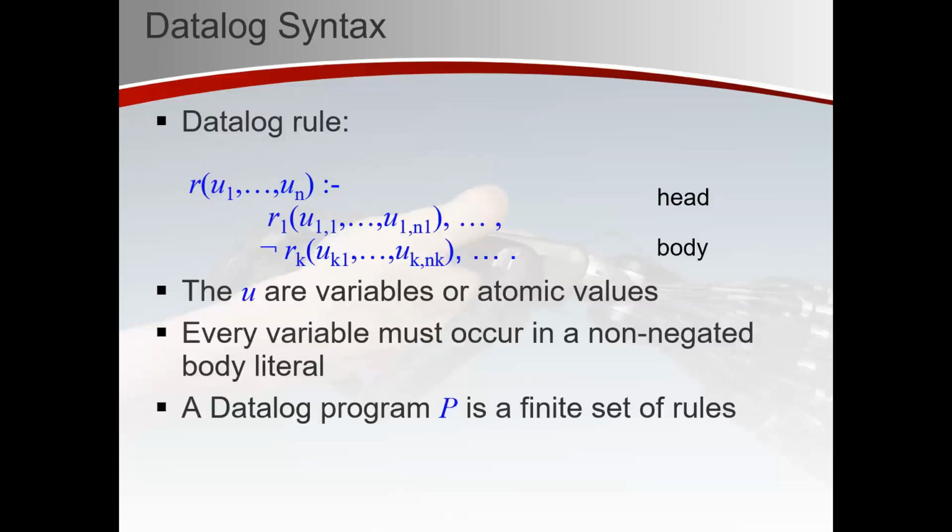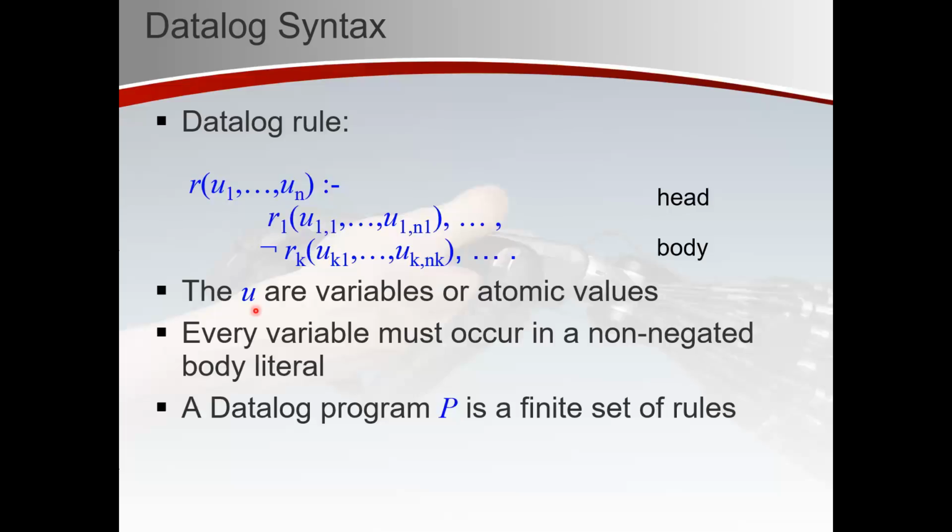Okay, the syntax is very similar to Prolog. The rules look like this: we have a rule name, we have arguments u1 to un, and then we have subgoals r1 to rk with arguments, and some of these subgoals are negated. So u are variables or atomic values, nothing complex.